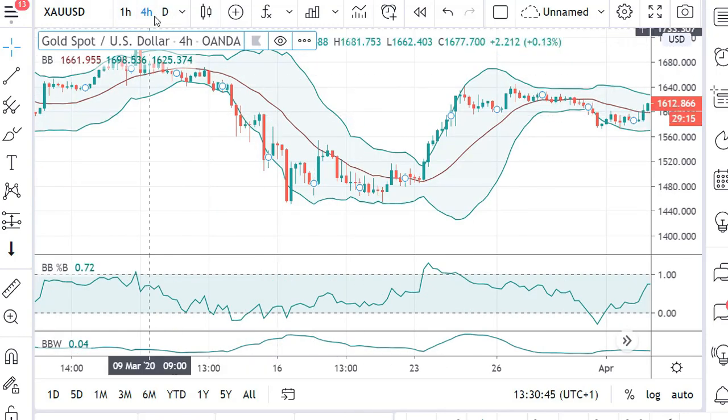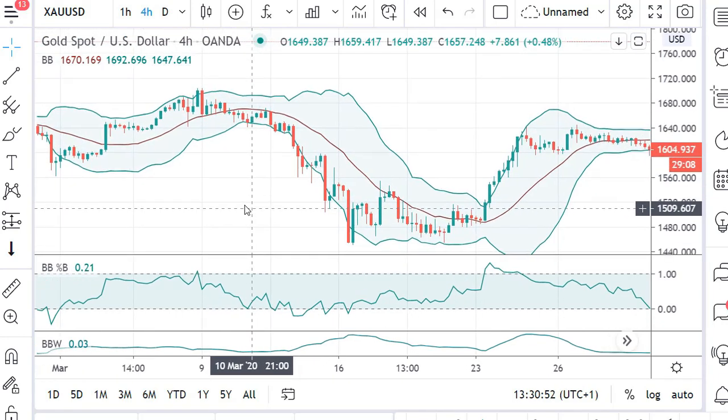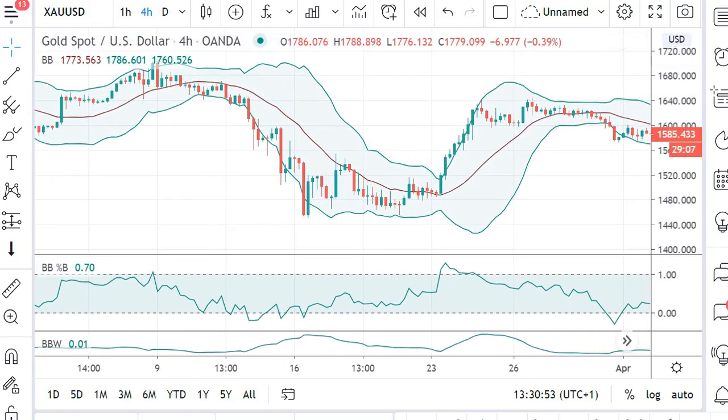So here I am on a 4-hour time frame, and this is just to show you that this can be used on every single time frame. We have the expansion up here in gold showing us that this was probably going to be a bearish move. Then we have a bottom here way outside the lower Bollinger Band. We can also see that on the percent B here.